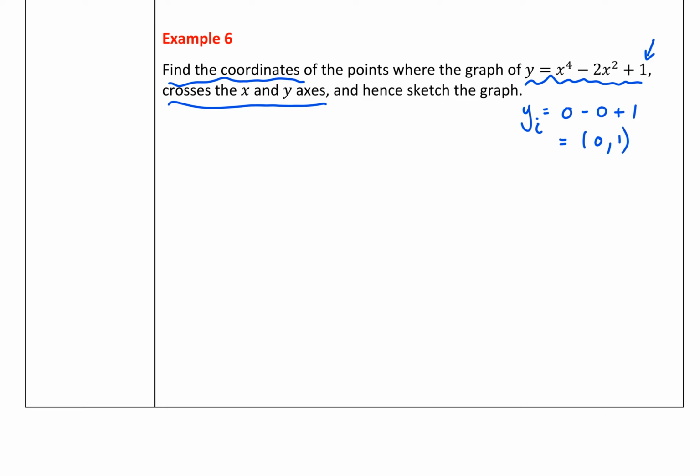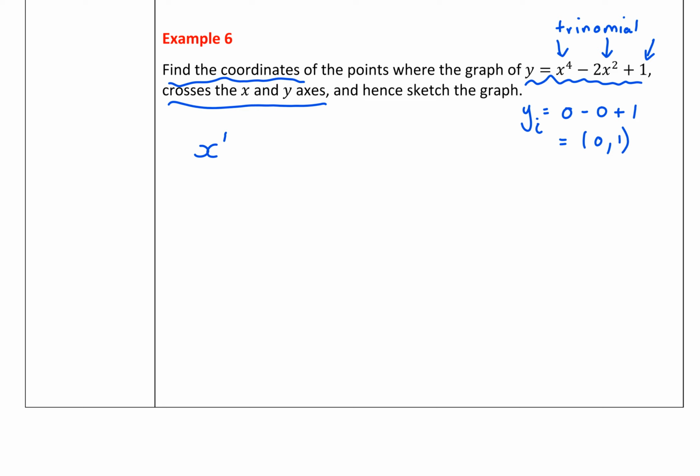Now the much harder thing to look at is what will my x-intercepts be? We haven't looked at how we solve these standard equations. But you might recognize that this is actually 3 terms. It's what we might call a trinomial. And you've probably guessed it at this point, but where else have we seen trinomials? It's in the study of quadratics.